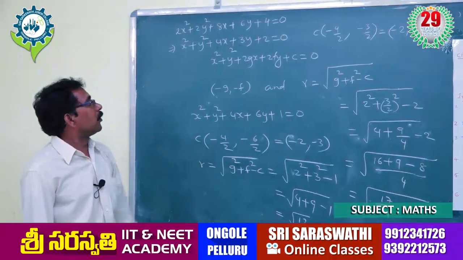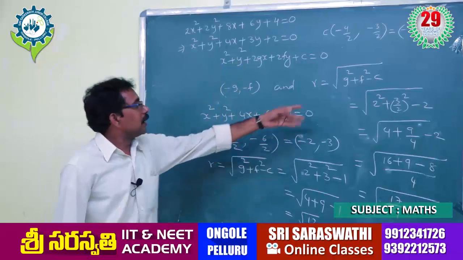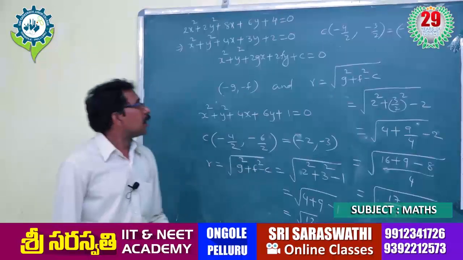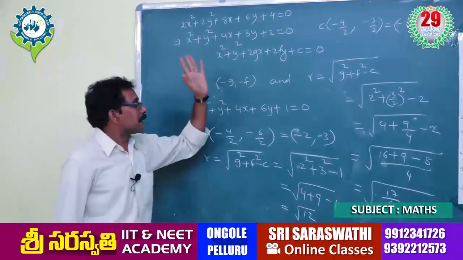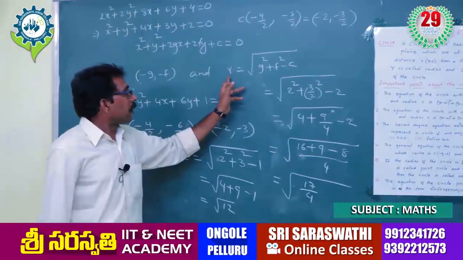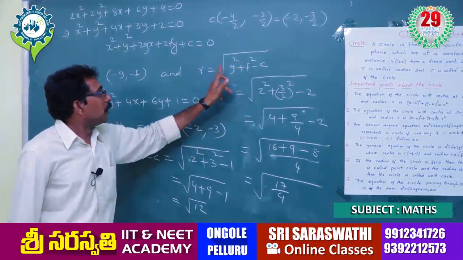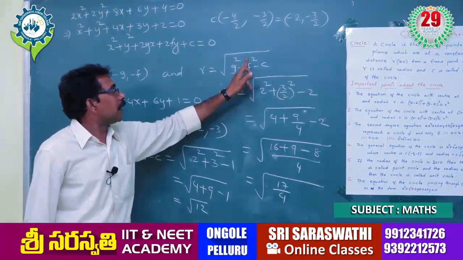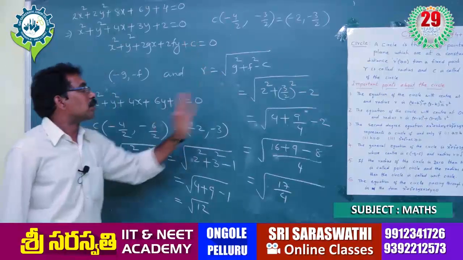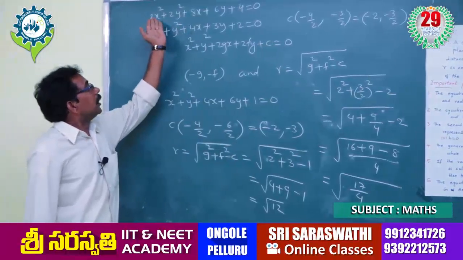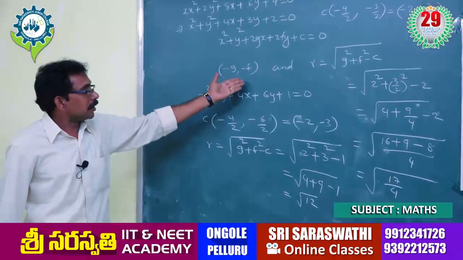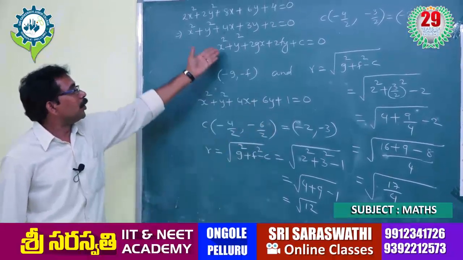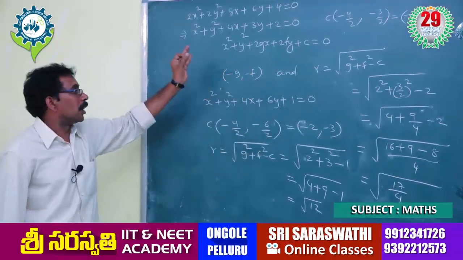Then afterwards we can get center and radius by using the formula minus g comma minus f, and for radius square root of g square plus f square minus c. So for any circle equation we can get the center and radius by using these two formulas.